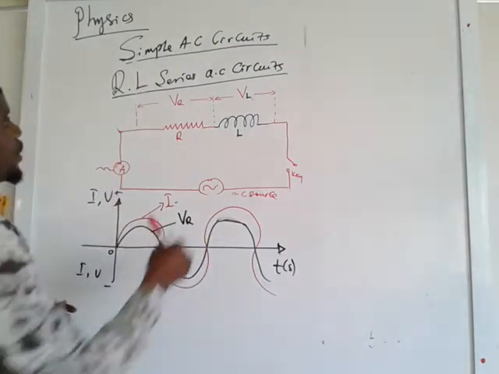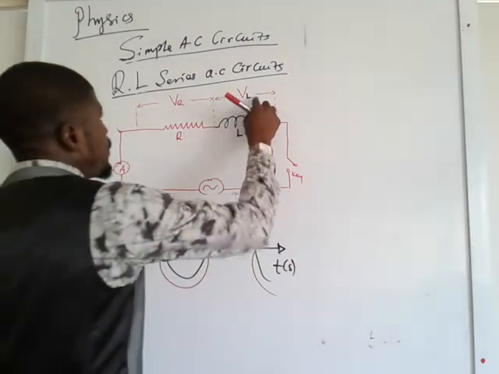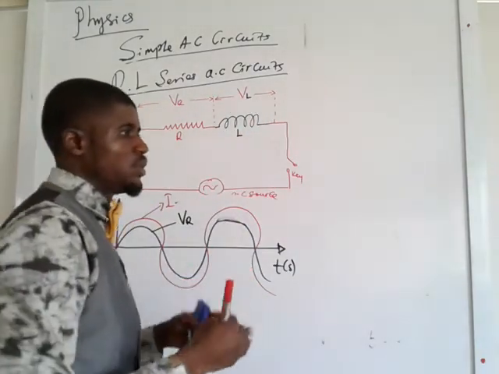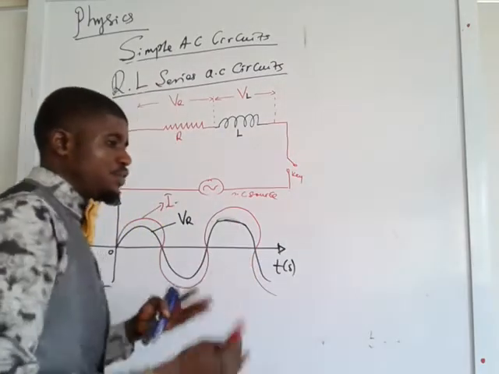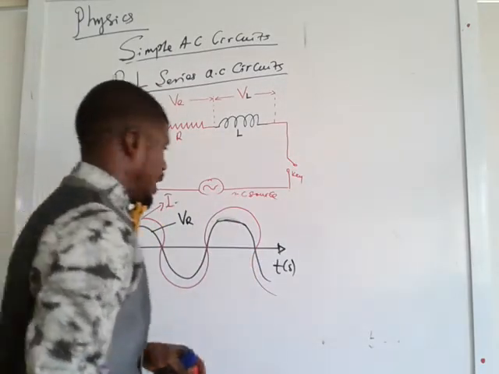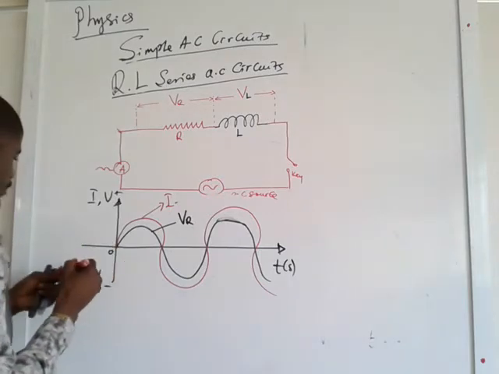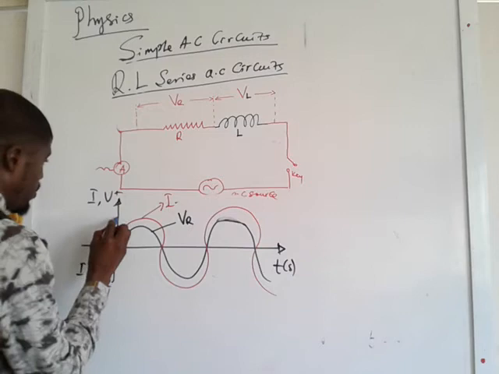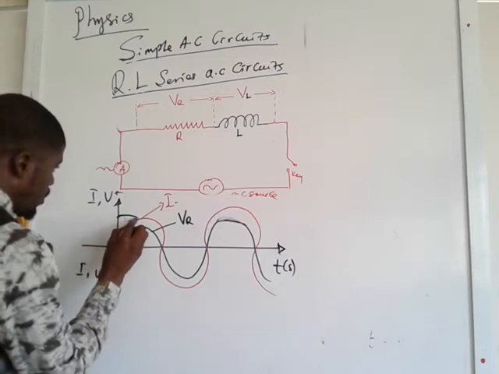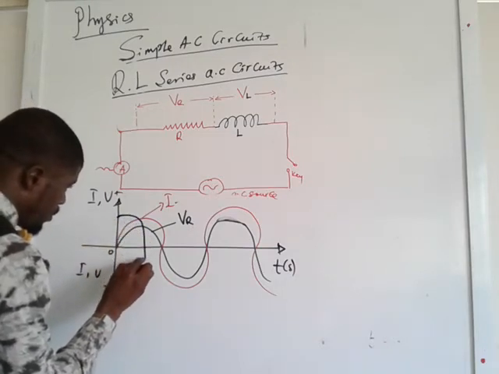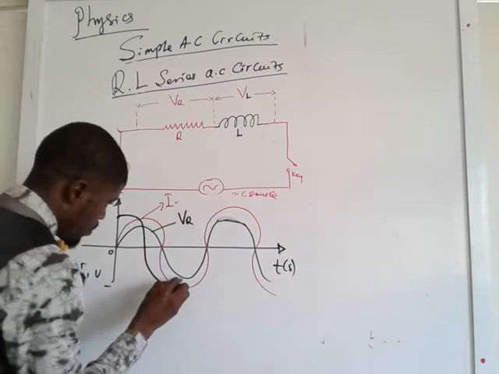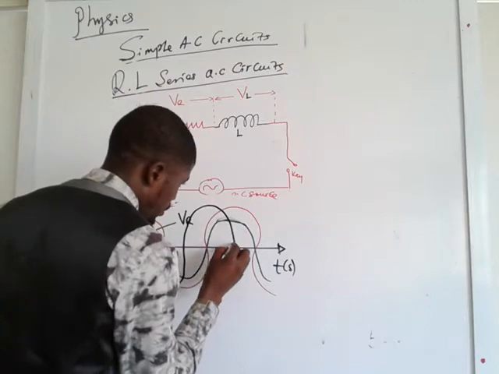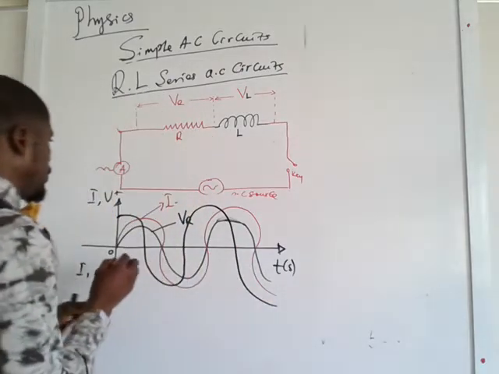Since we said that in a circuit that contains an inductor, the voltage across the inductor leads, the inductor causes the voltage in the circuit to lead and the current to lag. So we begin from here. Our inductor's waveform will begin from here, come down here, go this way, come down here, like this.